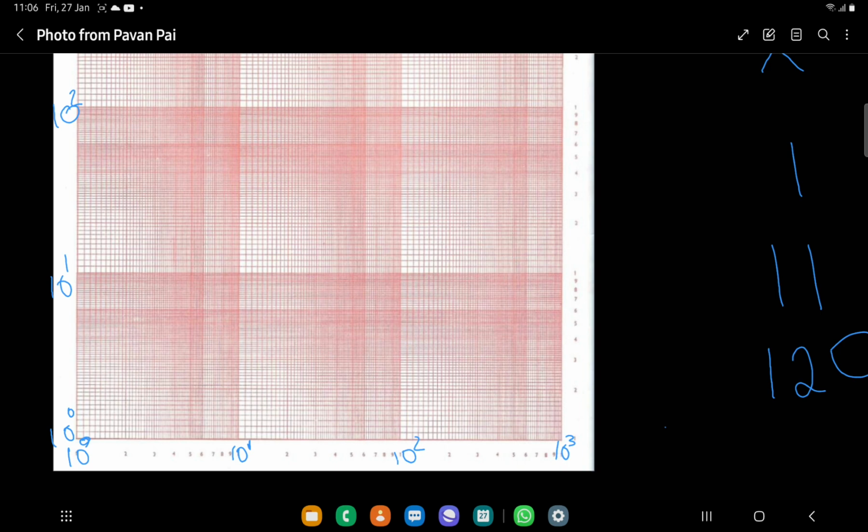For example, here 10 power 0 is here and 10 power 1 is here. After this point 9, we can see there is a 10 power 1 that I have marked. That 10 power 0 to 10 power 1 is one log cycle in this graph. Similarly for the y axis, here also 10 power 0 to 10 power 1 is one log cycle. Here they are given respective numbers.